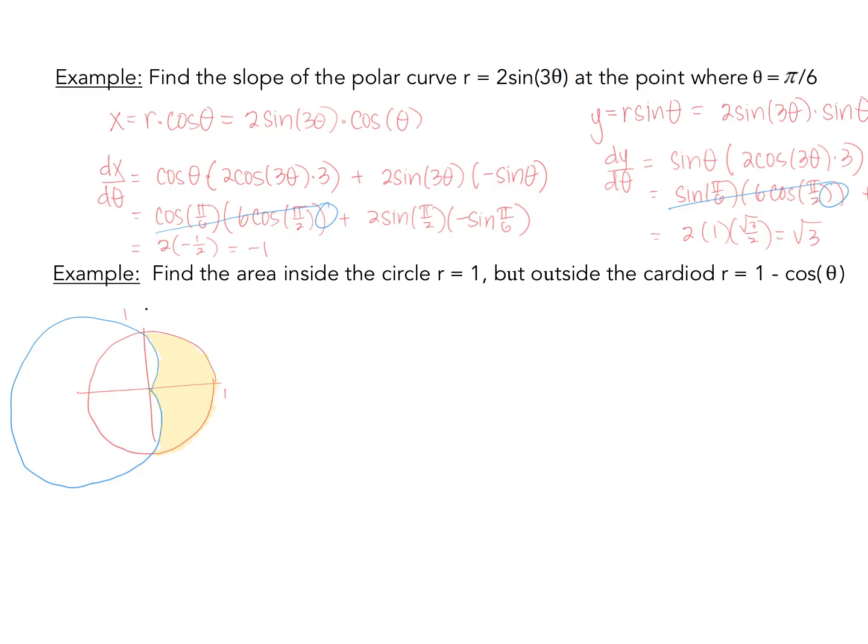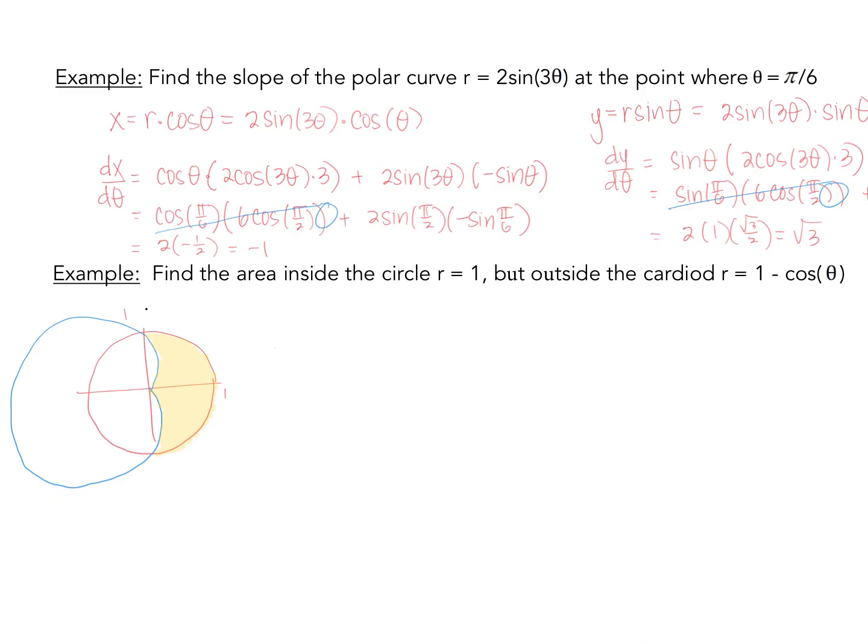So then what would my bounds be if I was setting up my area? Yeah, to cover, so she said -pi-halves to pi-halves. That would cover all of quadrant 4 and all of quadrant 1. Is there another way you could do it? 0 to pi-halves and then double it?